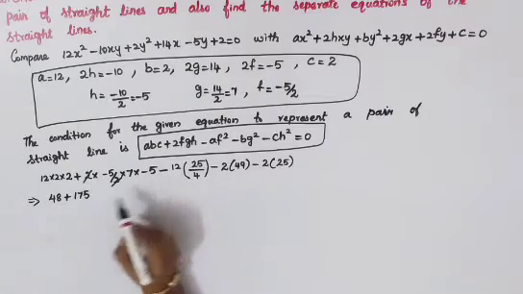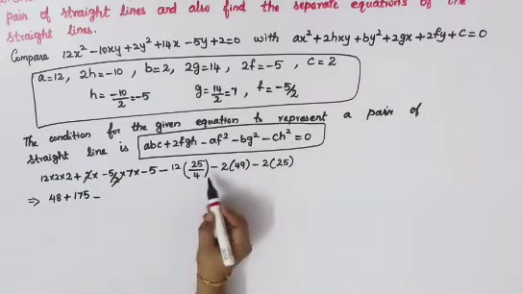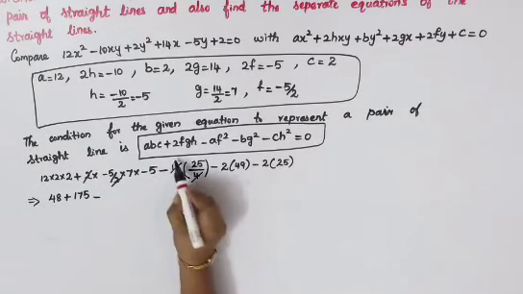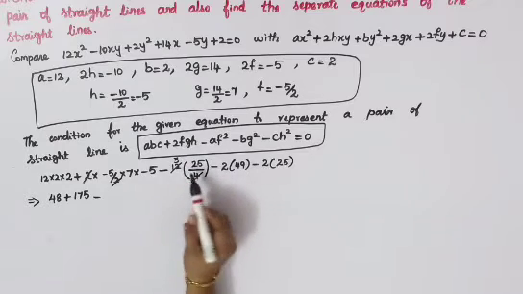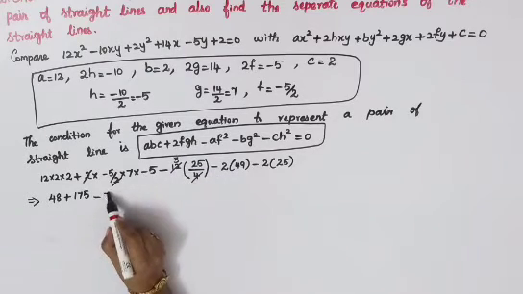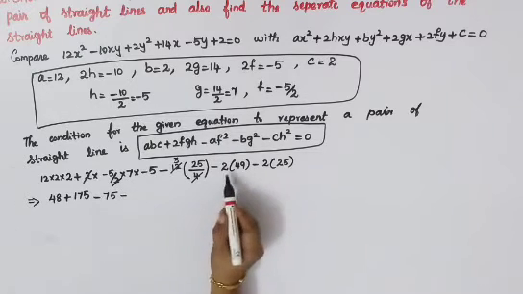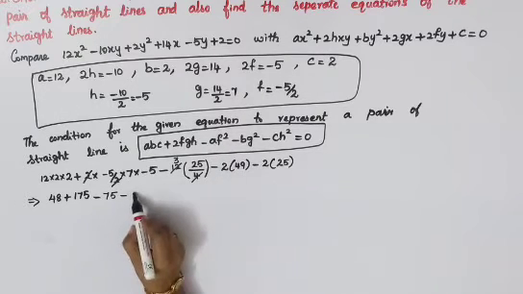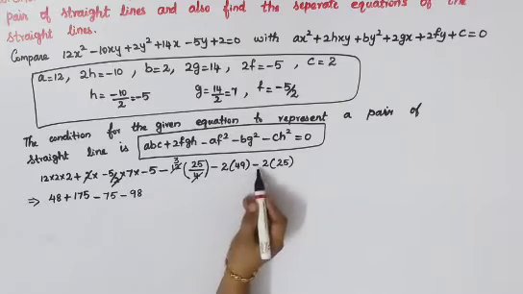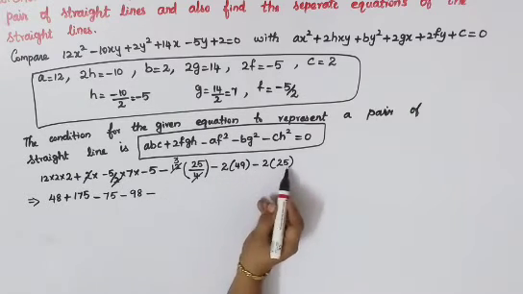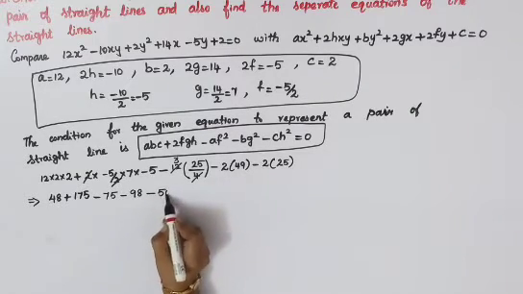Then this minus is there. 4 and 12 you can cancel, you will get 3. So 3 into 25, you will get 75. Again this minus is there. 2 into 49, you will get 98. Again this minus is there. 2 into 25, you will get 50.